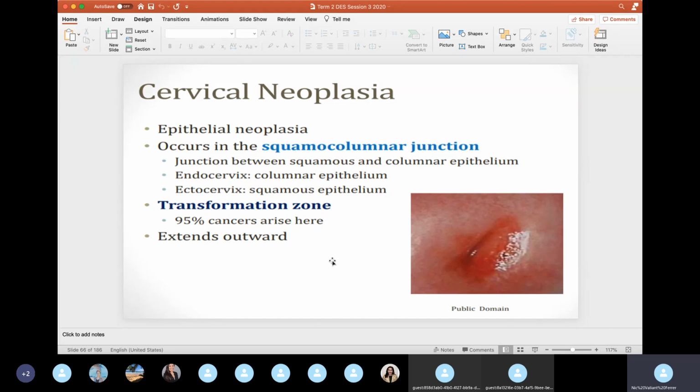What infection predisposes you to a cervical neoplasia? A, CMV, B, HPV, C, VZV, D, parvovirus B19. HPV. What kinds of HPV? 3 and 8 or 16 and 18? 16 and 18.